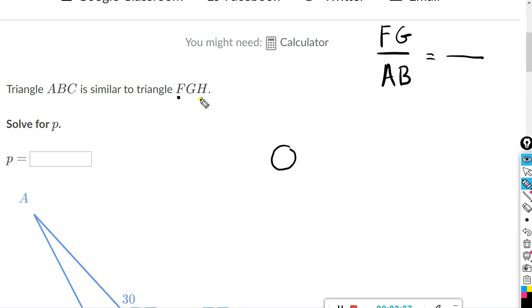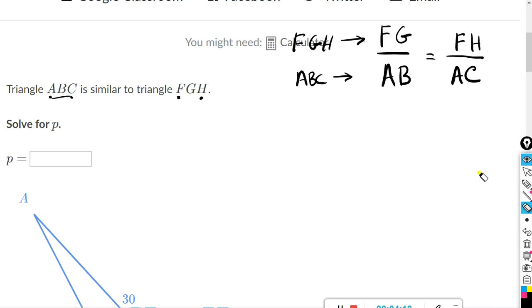That's FH, and then go to the other one, first and last, AC. Make sure you're consistent. Everything on the bottom is from ABC, and everything in the numerators is from FGH. Just make sure you're consistent across the top and bottom.